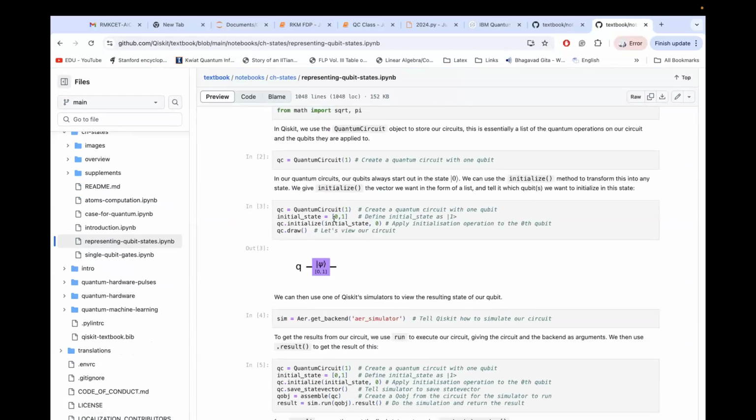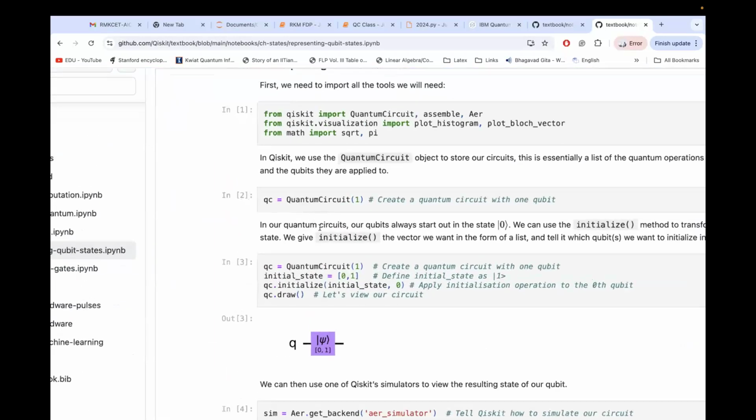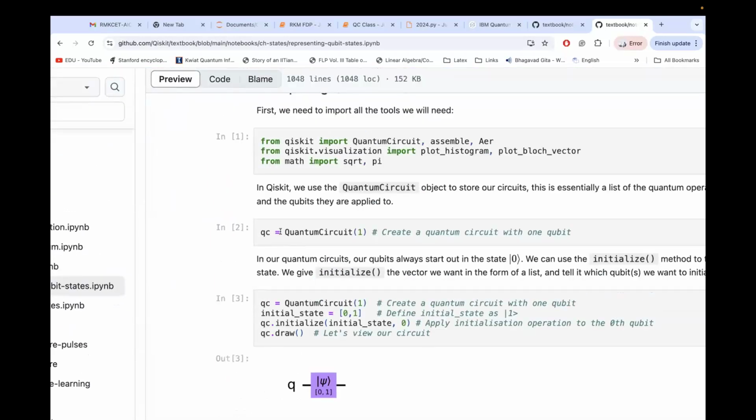So here there is another example given. If you look carefully, what they are doing is creating a quantum circuit with only one qubit, and it is stored in the name QC. Right? Straight away when you use it, what is going to happen? The system will be initialized in the 0 state.